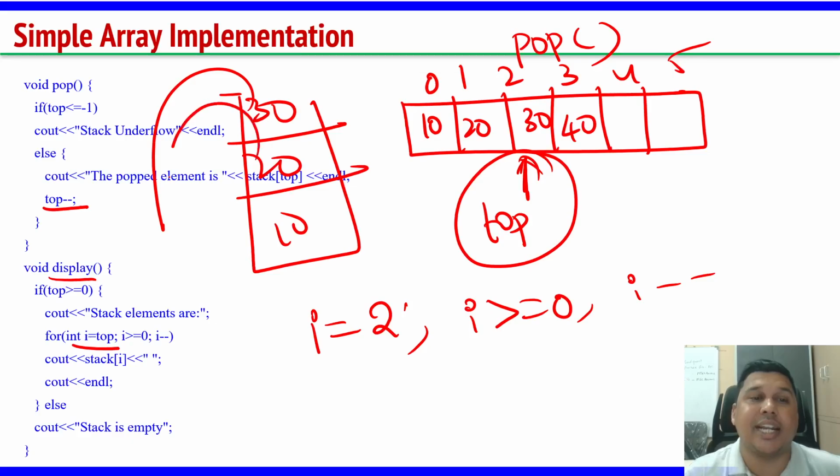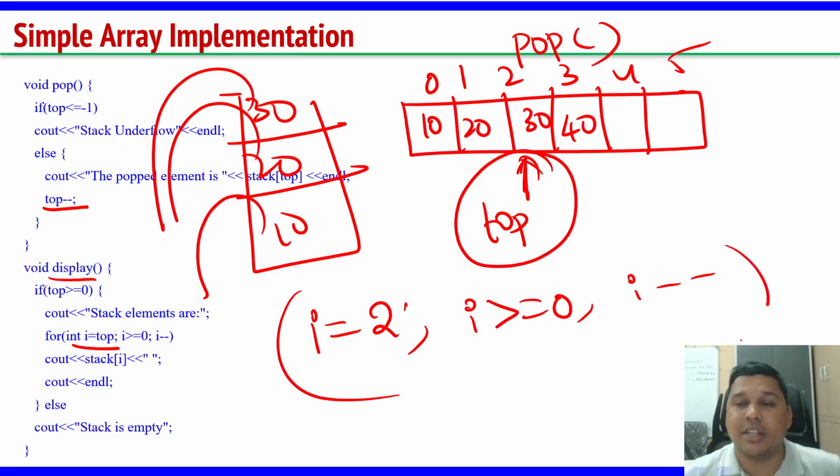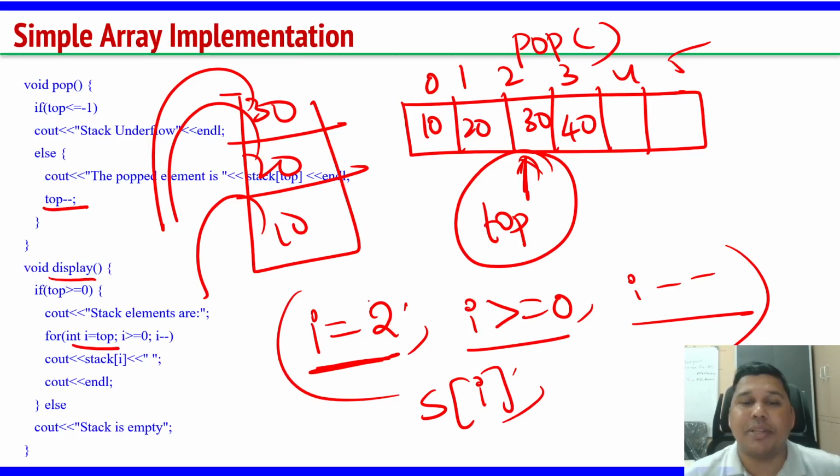You can take 30, then 20, then 10 only. That's why you have to write logic like this in a for loop. For I is equal to top, I greater than or equal to 0, I minus minus, just print S of I. S of I means S of 2, 30, then I minus minus, S of 1, 20, I minus minus, S of 0, 10. So this way you can print the elements of the stack.